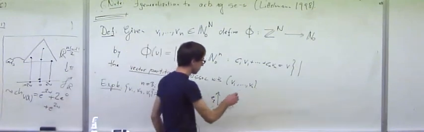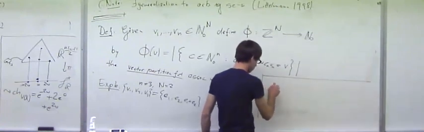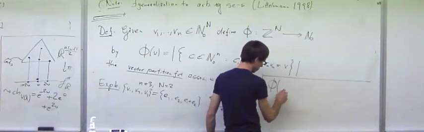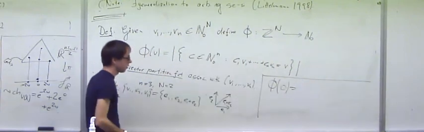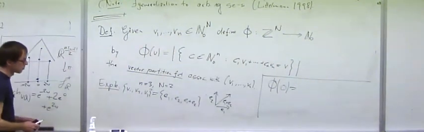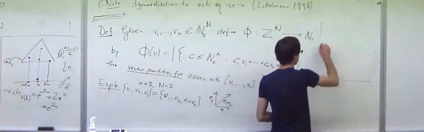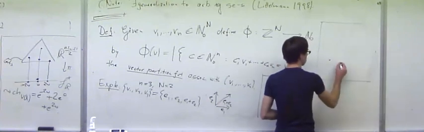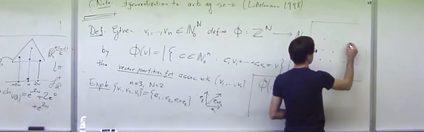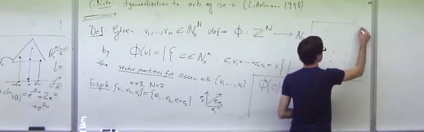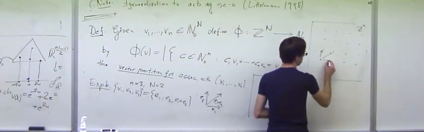So what is phi of the 0 vector? Let me draw a picture. I have this lattice Z2, and I have these elementary steps.